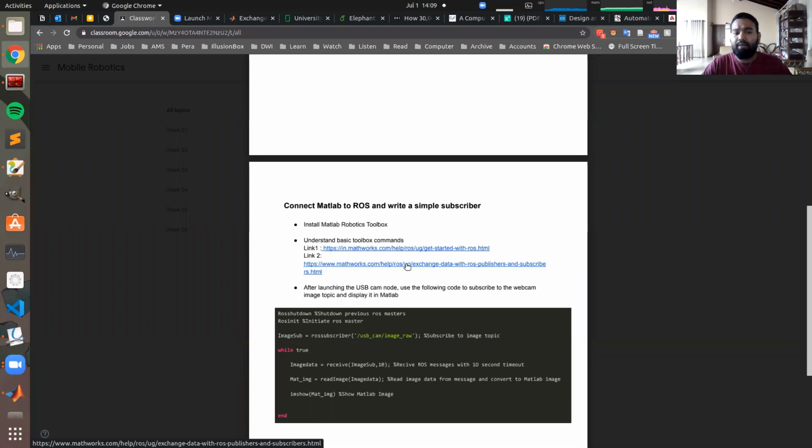So I'm just using MATLAB to explain the ROS concepts, things like subscribers, publishers, right? And then it's the same concepts being used with a different programming language like Python or C++. I think we'll mostly use Python because it's a little bit easier than C++. But if you all are interested in doing everything in C++, you can do that as well, right?